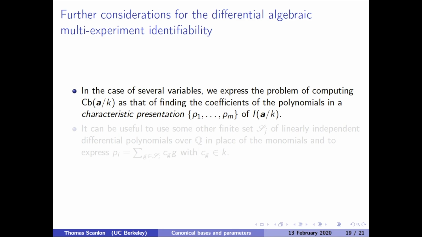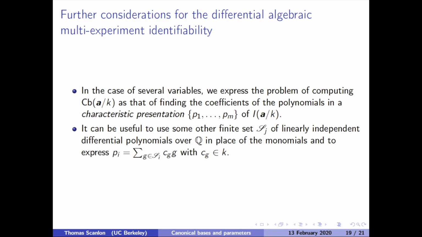You just have to do something a little bit more technical. You might also be able to speed up the computation by working with a different basis instead of monomials, although which basis you choose is not at all obvious. Working with monomials is maybe the naive thing to do, and it always works, although maybe not as quickly. In some other situations, maybe you choose a different basis, and it'll be a bit faster.